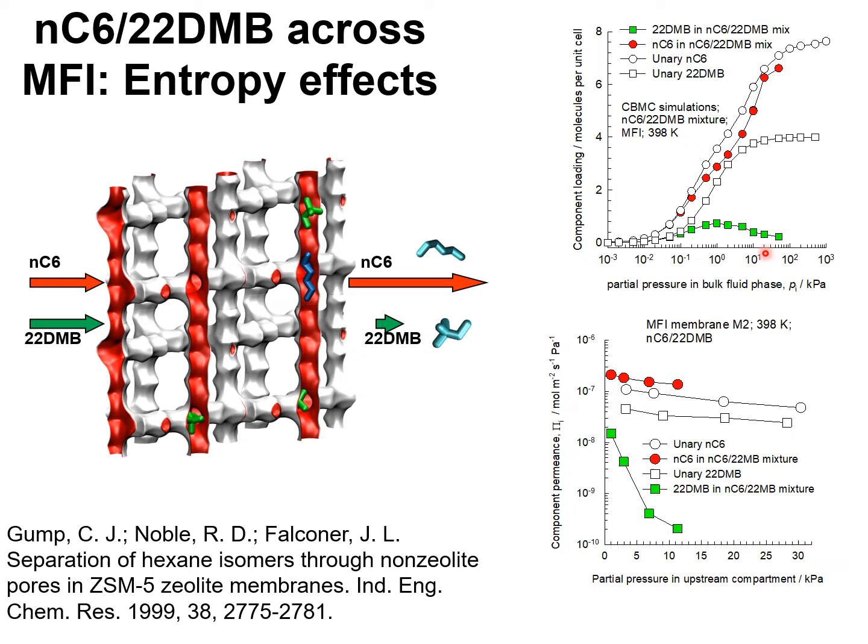We note that with increasing pressure in the bulk gas mixture, the normal hexane loading increases at the expense of 2,2-dimethylbutane, and 2,2-dimethylbutane is virtually excluded from the pores due to entropy considerations. The result is that the component permeance for 2,2-dimethylbutane is significantly lower than the unary permeance for 2,2-DMB.